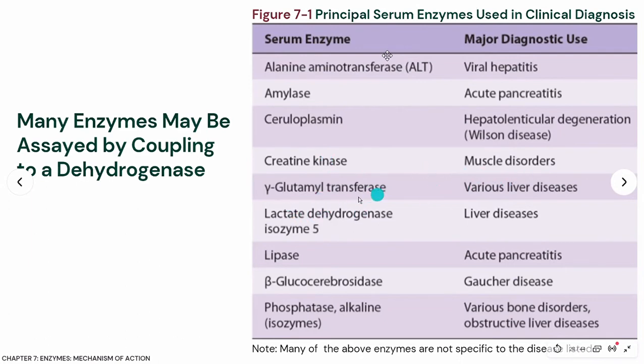Gamma glutamyl transferase, various liver diseases. LDH5, lactate dehydrogenase 5, liver diseases. Lipase, acute pancreatitis. Glucocerebrosidase, Gaucher's disease. Alkaline phosphatase, bone disorders. See?